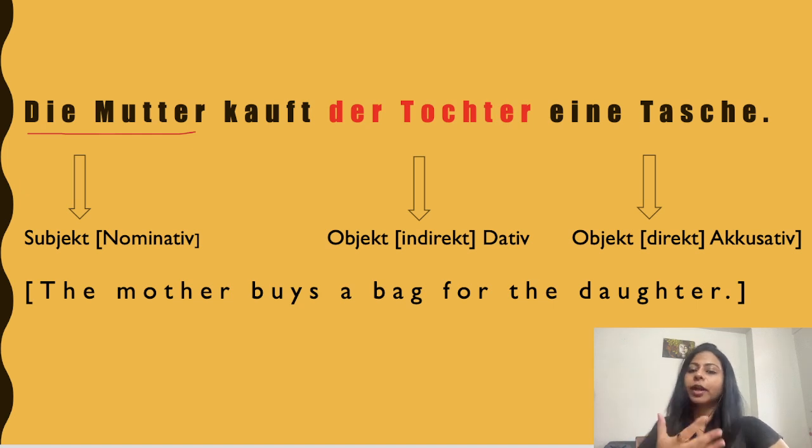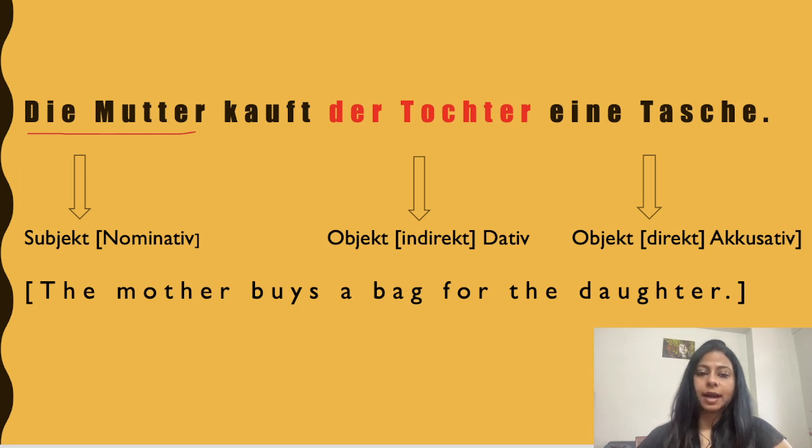No, you have to remember every case. So let's understand this sentence. In this sentence there are two objects. The indirect object is usually the person for whom an action is intended. The mother buys a bag, this is the action, and she buys the bag for the daughter. Hence, this is the indirect object.